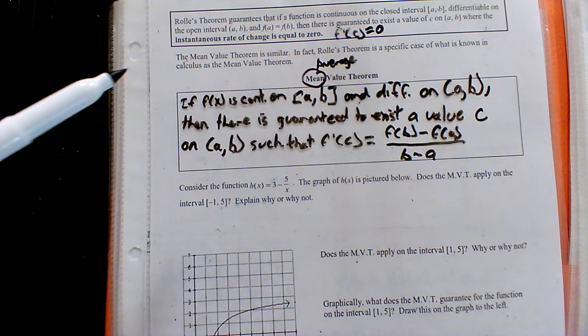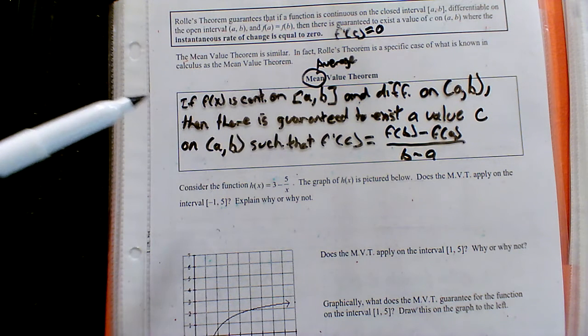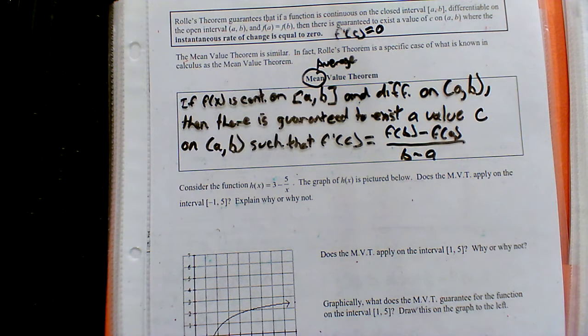If f of x is continuous on the closed interval a to b and differentiable on the open interval a to b, then there is guaranteed to exist a value c on ab such that f prime of c is equal to f of b minus f of a over b minus a. Okay, so it's similar.